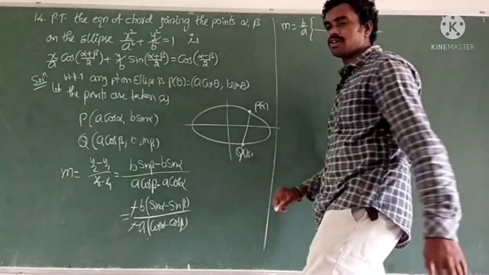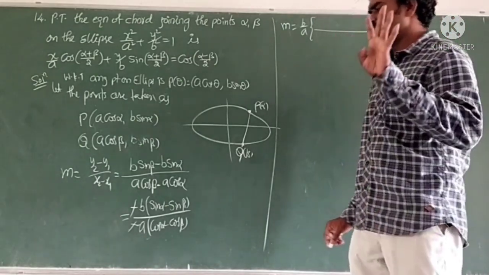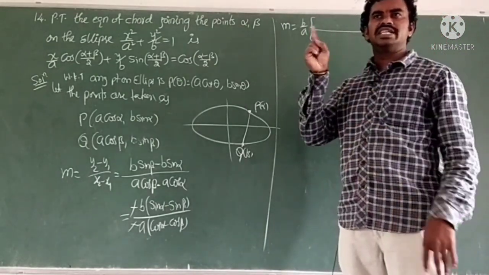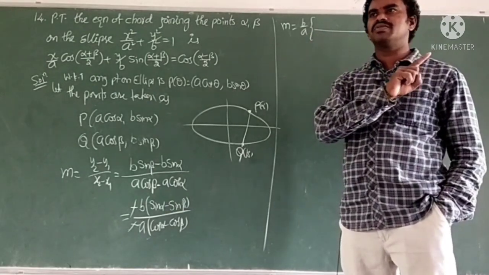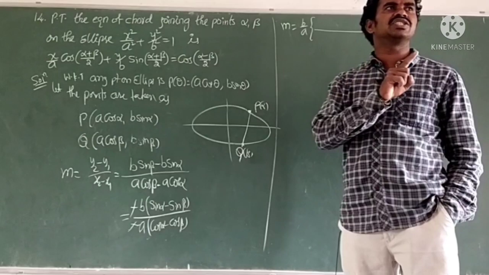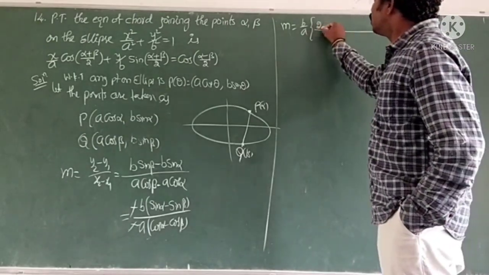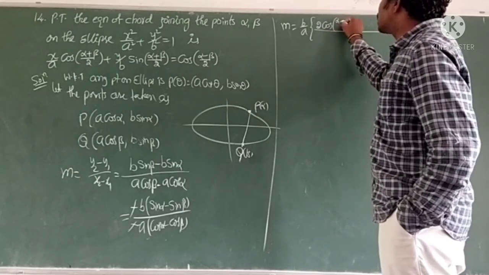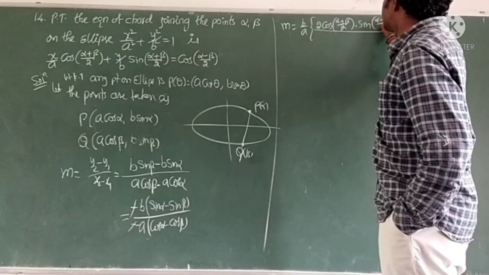Now sin alpha minus sin beta, how can we express? In trigonometry we have 4 formulas. One is sin c plus sin d is equal to 2 sin c plus d by 2 cos c minus d by 2. Next, sin c minus sin d is equal to 2 cos c plus d by 2, meaning alpha plus beta by 2, into sin c minus d by 2, meaning alpha minus beta by 2.